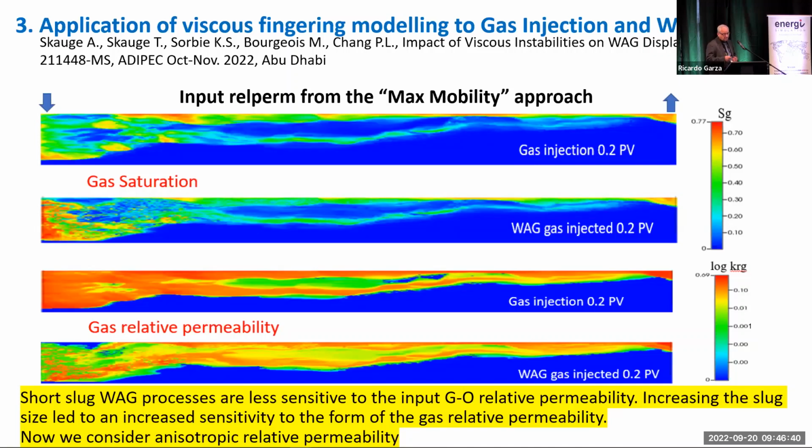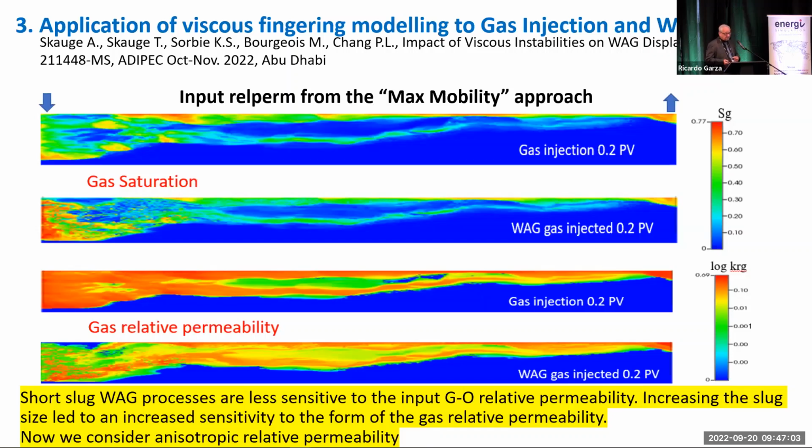But in this case, I'm only showing that I'm using the max mobility type of approach for gas, and trying to maximize the gas mobility and the fraction of flow to get the highest gas saturation in the finger front.